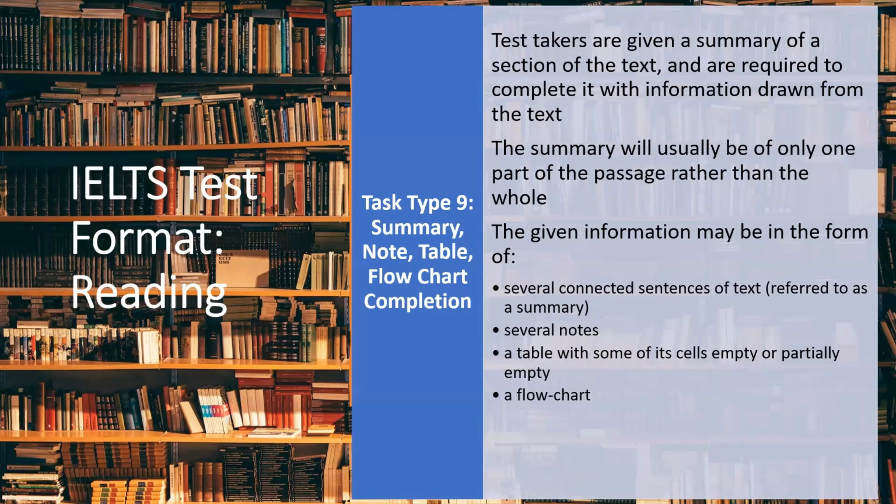It will be from one specific part of the reading passage. The given information may be in the form of several connected sentences, and we call it a summary. It can be in the form of notes, a table, or a flowchart.